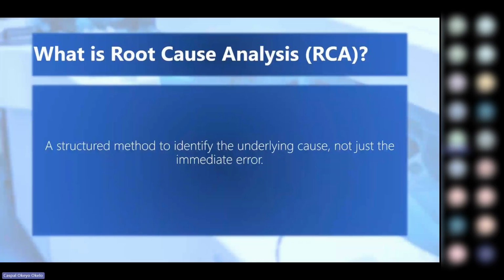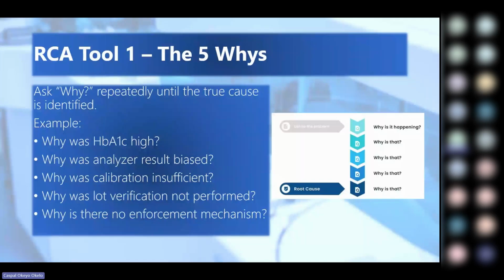Now, let us look at the specific tools that we use to do root cause analysis systematically. The first tool is the 5 whys technique, or 5 whys analysis. It's a simple tool, but extremely powerful when we use it correctly.